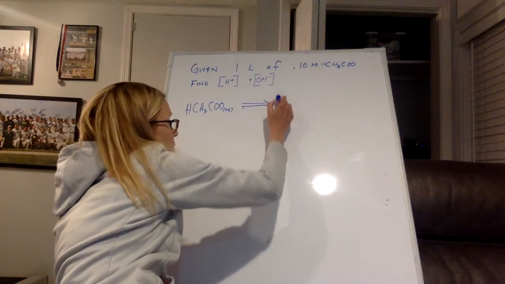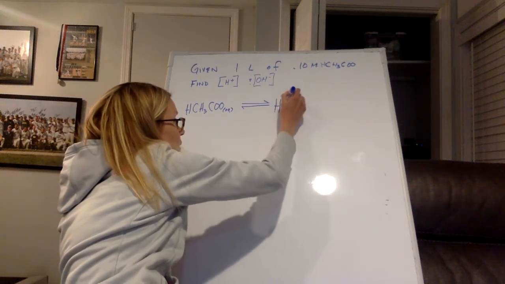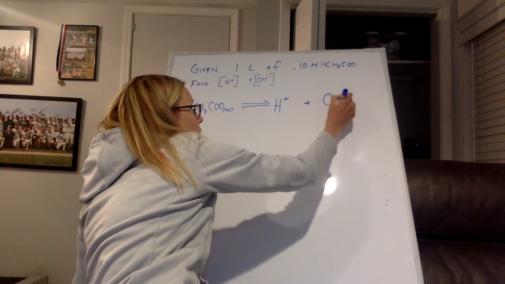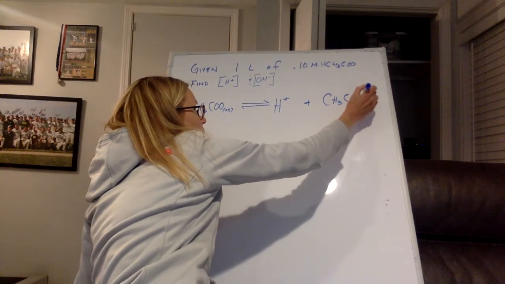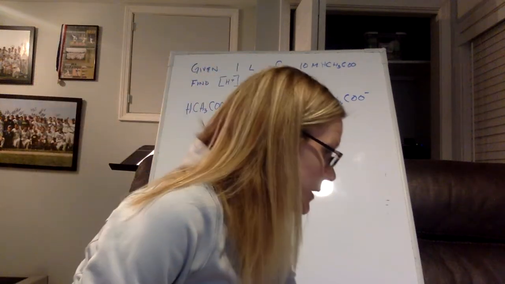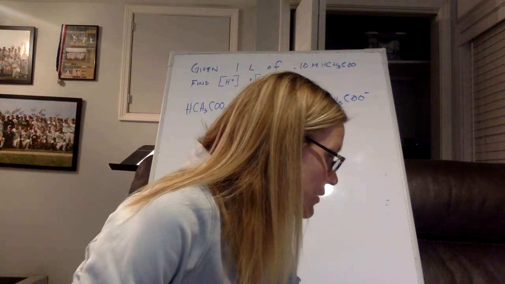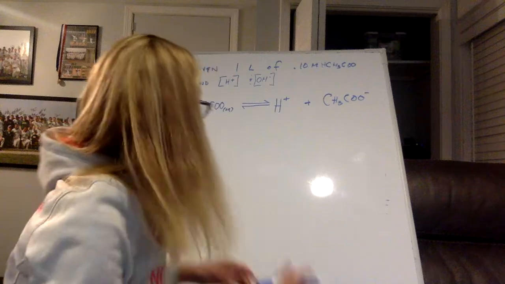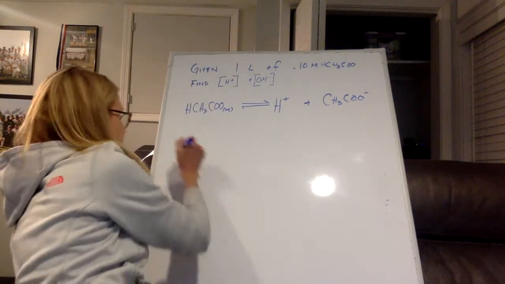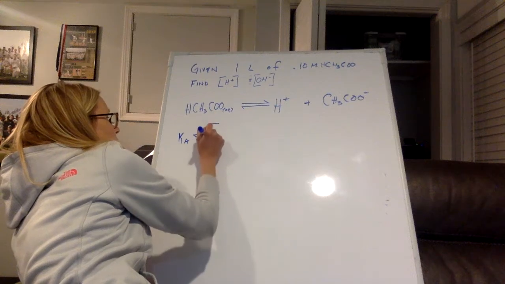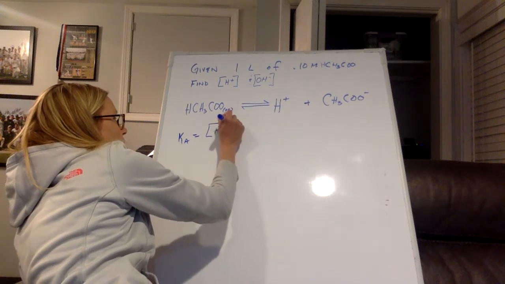So it's not going to fully ionize, it only partially ionizes, so you end up with H+ and then the acetate ion, okay? Now, I need to know my Ka expression. So this time, because it doesn't fully ionize, I know that Ka is H+.